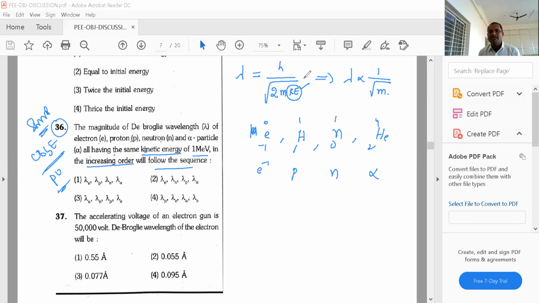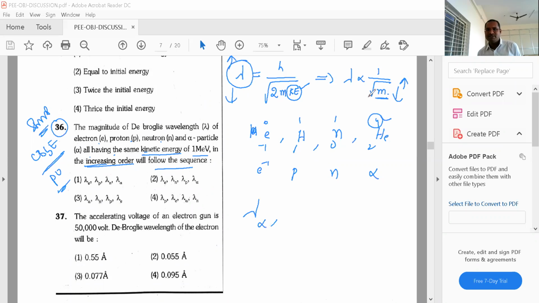As we know, de Broglie wavelength will be more when mass is less, and less when mass is more, because they are inversely proportional. And we need increasing order, meaning from smaller to larger. So de Broglie wavelength is smallest for maximum mass. Maximum mass is for the alpha particle, so lambda alpha first.